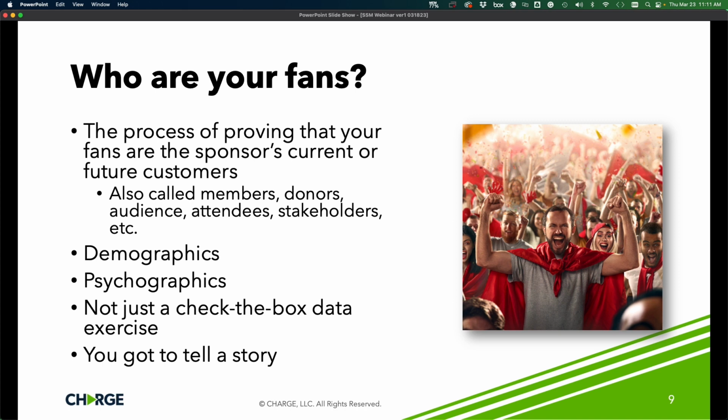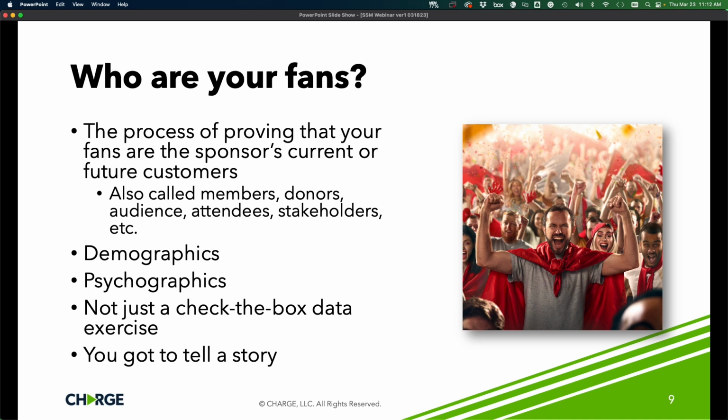Really, it's any stakeholder that you speak to, but you have to be able to describe them in two ways. First, you have to describe their demographics. Now, demographics are basically aspects of the audience that don't change, like their age, their gender, their race, their place of residence, how much household income they have.